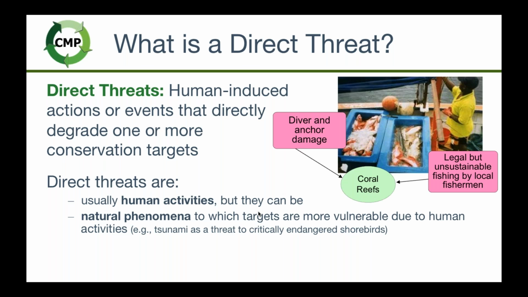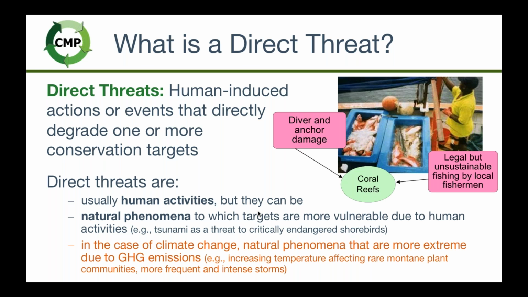We're adding a little bit to that definition and saying, in the case of climate change, natural phenomena that are more extreme due to greenhouse gas emissions, so increasing temperature affecting rare montane plant communities, or more frequent and intense storms. So we're broadening the definition of direct threats.